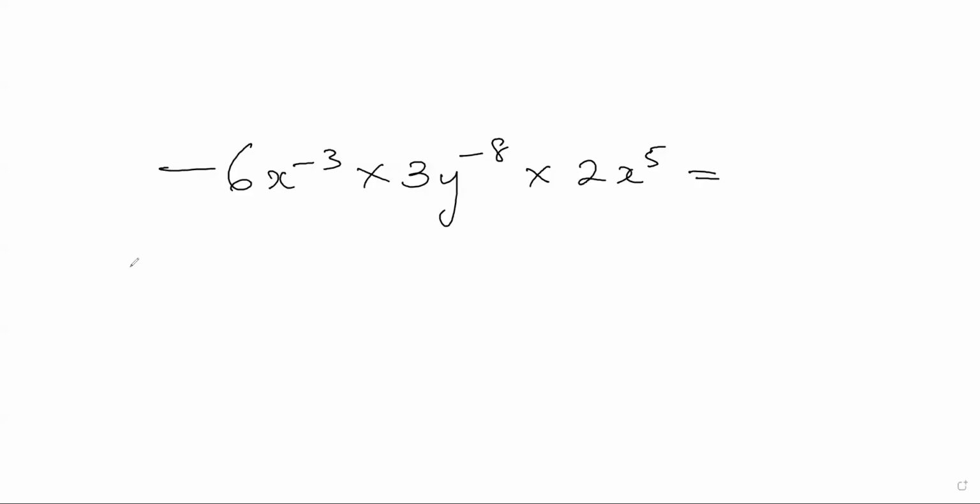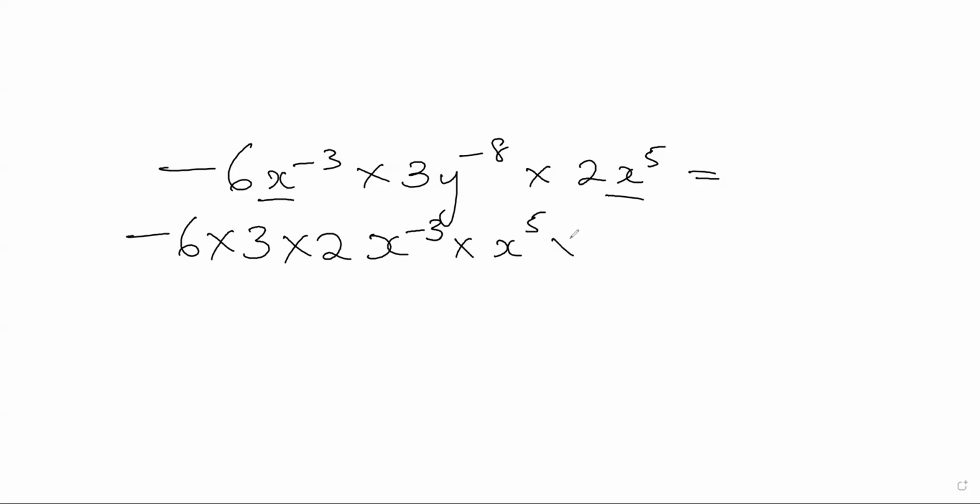All right, so group the numbers. So negative 6 times 3 times 2. All right, let's deal with the x's now. So we have x to the minus 3 times x to the 5th, and of course we have y to the minus 8.